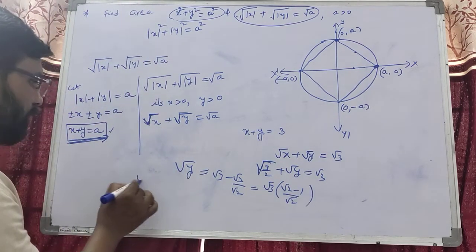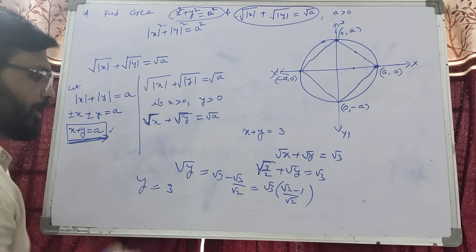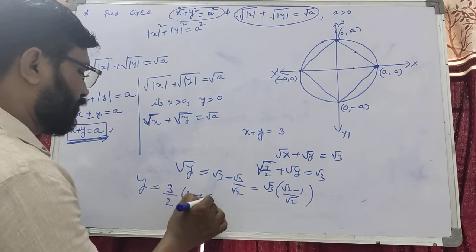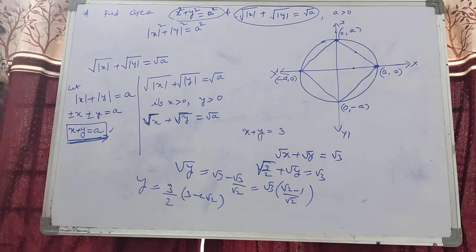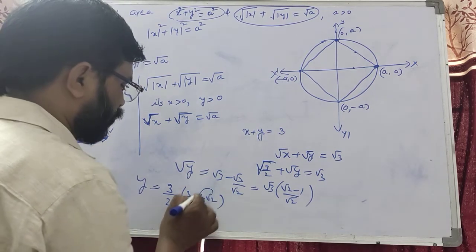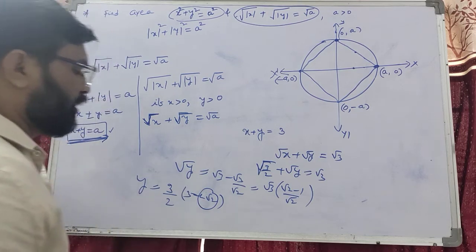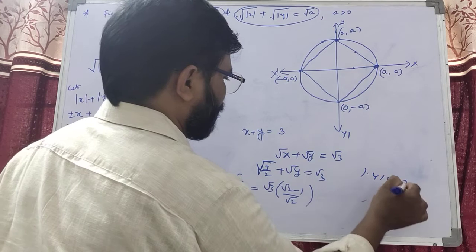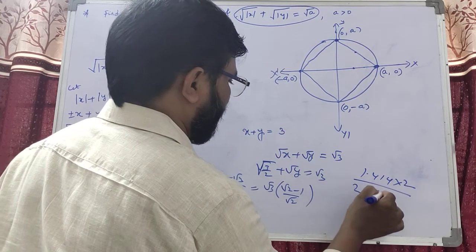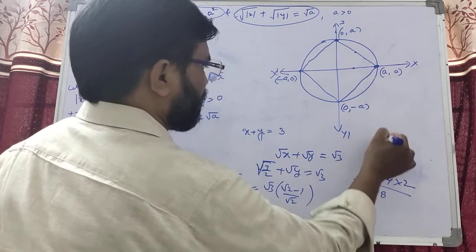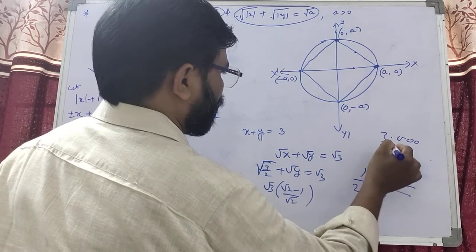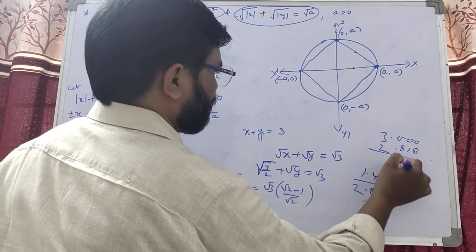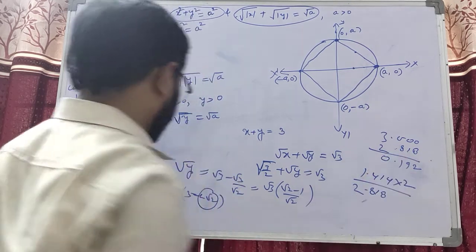Yes students, y equals 3 by 2 into 3 minus 2 root 2. Therefore we can identify the approximate value of 2 root 2. Root 2 is 1.414, into 2 that is 2.818. When you subtract 2.818 from 3, undoubtedly it is 0.19.